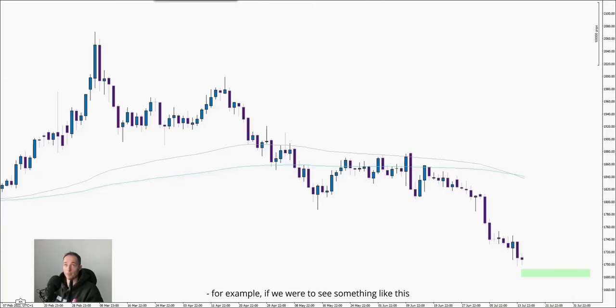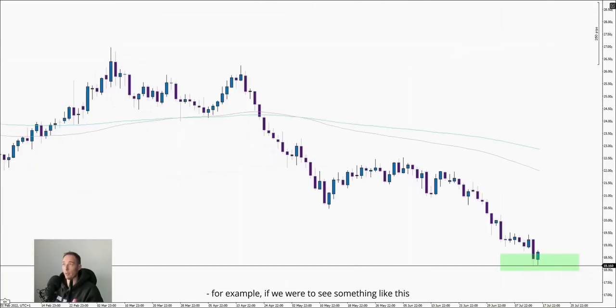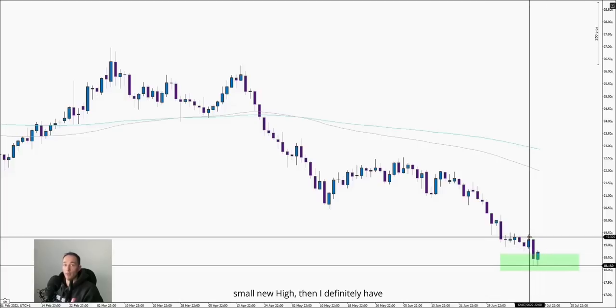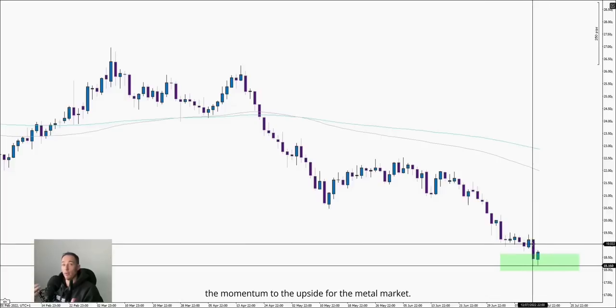For example, if we were to see something like this and then make a new high, because we've got a slight double bottom type of pattern, then by making a small new high, I definitely have the momentum to the upside for the metal market.